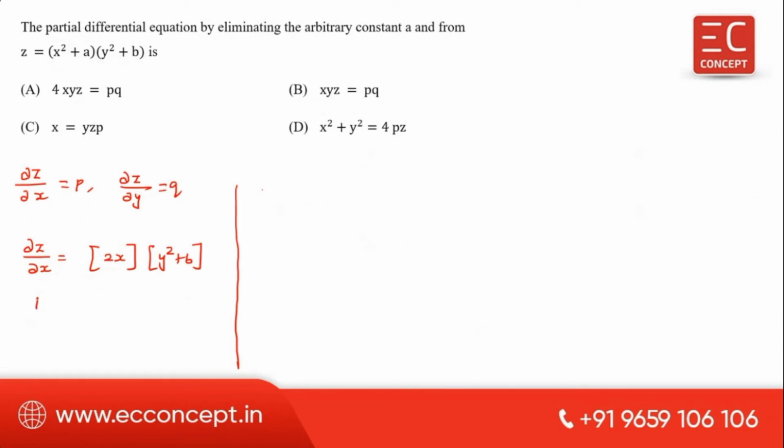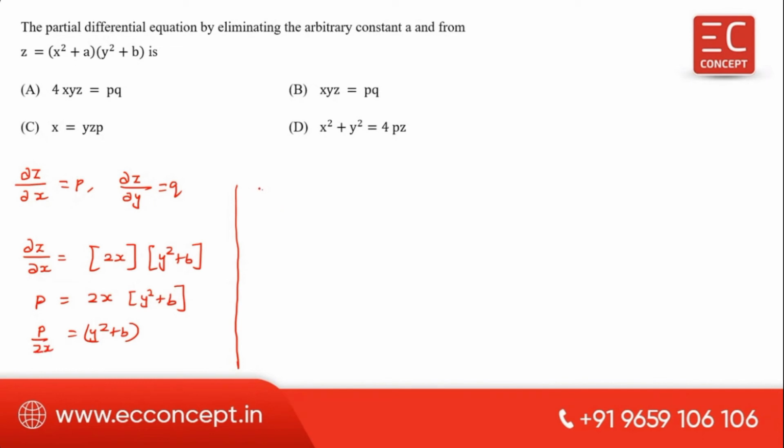We can substitute p = 2x(y² + b). Okay, so this is the value, and y² + b = p/2x.